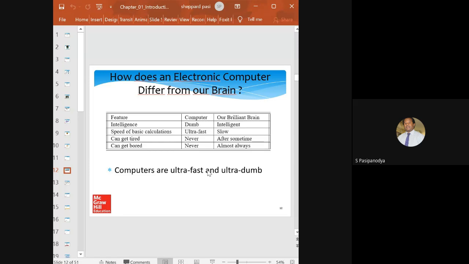If we talk about speed of basic calculations, the brain is somewhat slow, whereas a computer is fast. So in terms of speed of calculation, a computer is faster than your brain.